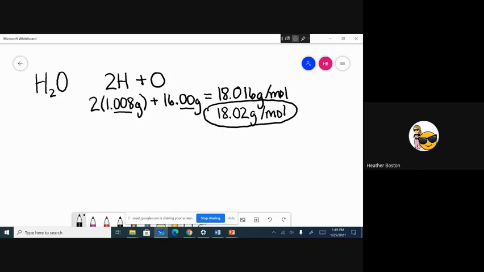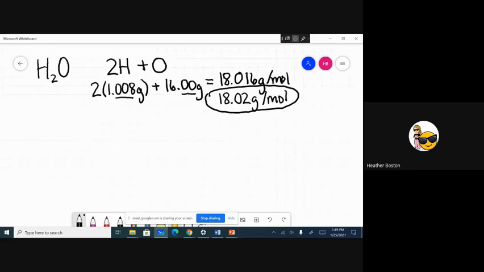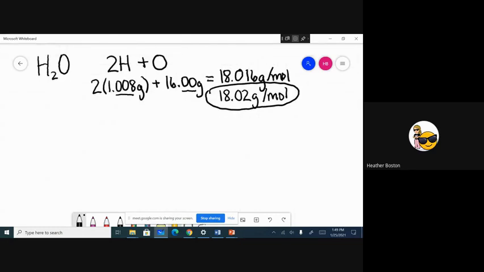But I'm going to teach you how to do percent composition. So percent composition is, what are these things made of? So the percent composition of water would be calculated as follows.